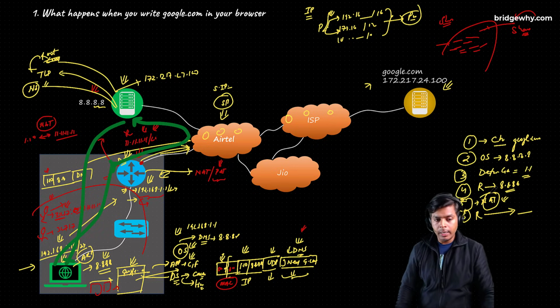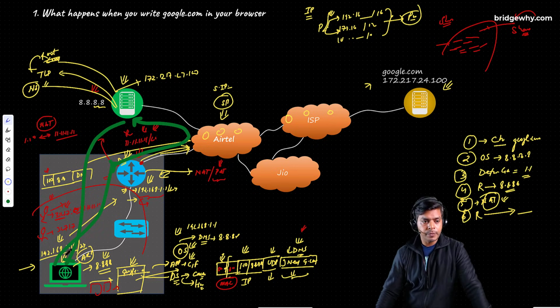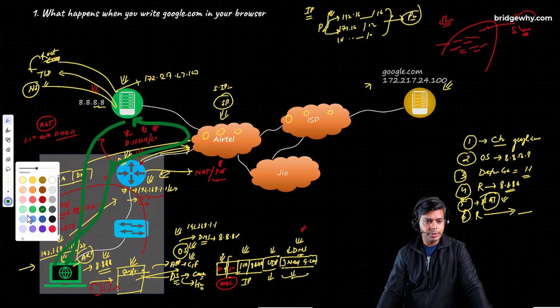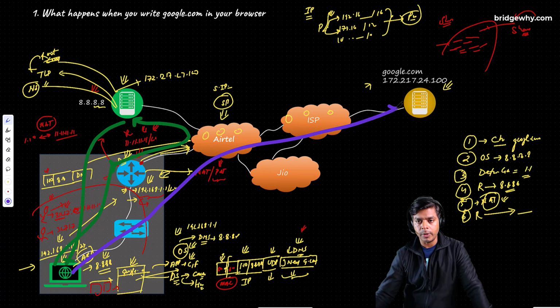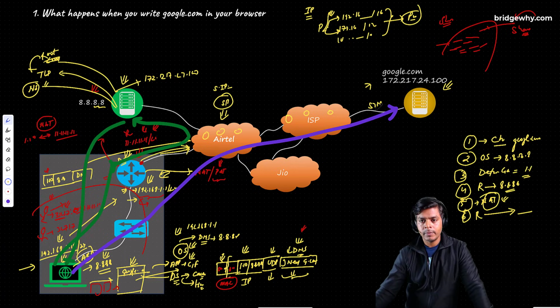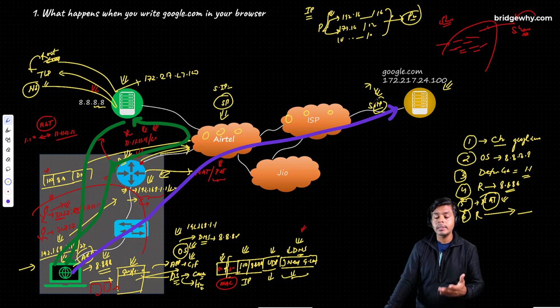Now what is going to happen? Now this guy would like to make a connection to google.com. You will say that this guy is going to make a TCP connection to google.com by sending the SYN. The interviewer can definitely ask, why TCP now?